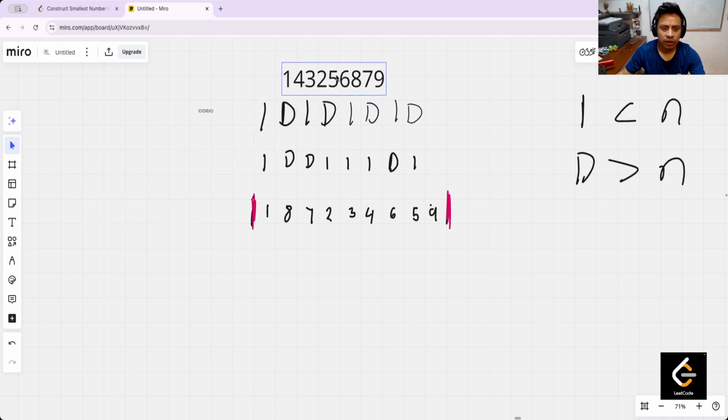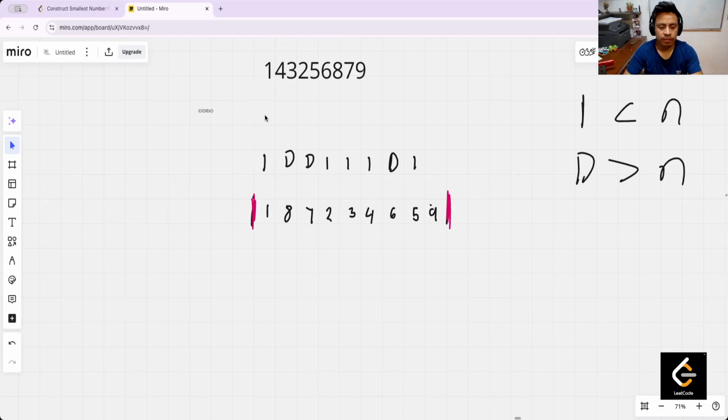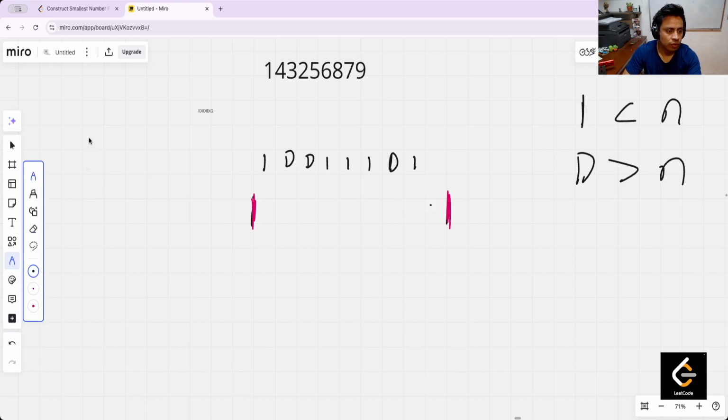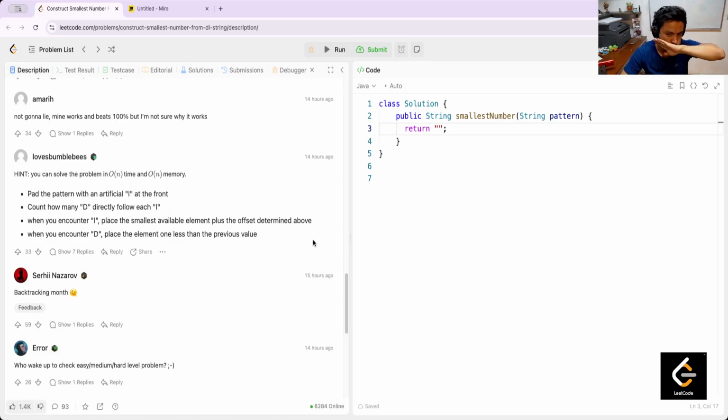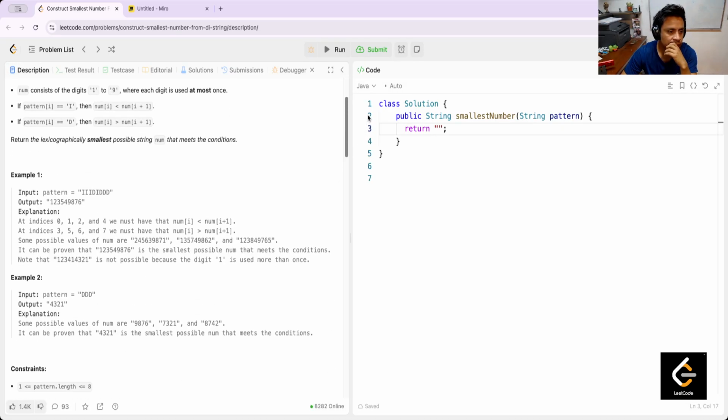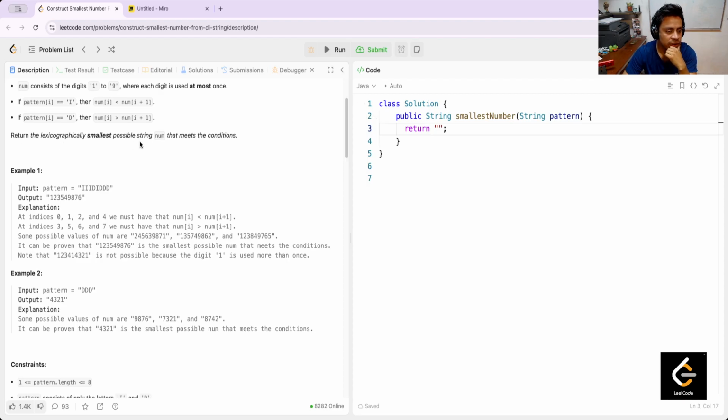Okay. Why? 4, 3, 2. And in this case, mention return the lexicographically smallest possible.